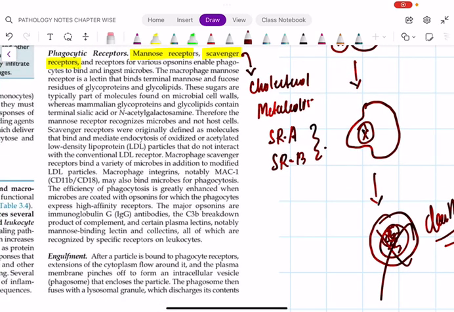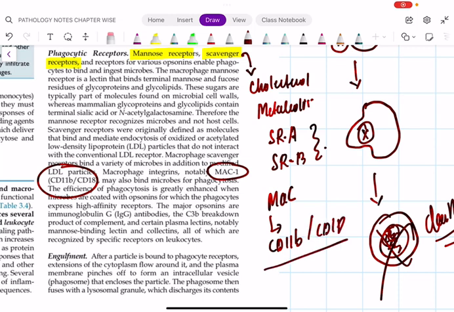Then we have another important receptor called MAC1. You know Mac, iPad, iPhone, MacBook, that Mac only. CD11b, CD18. These are the two IHC markers. CD31 is PECAM. CD62 is selectin.